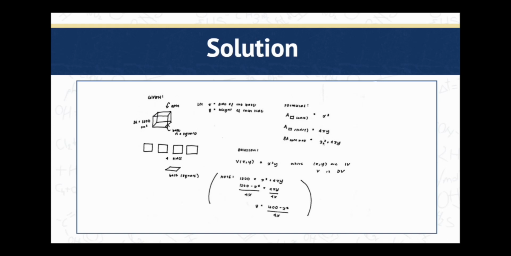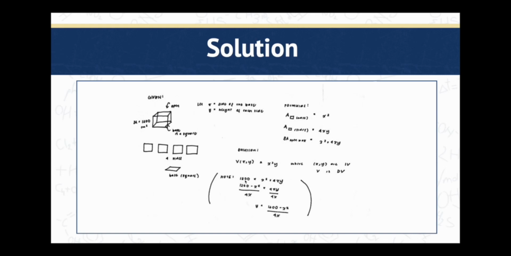Now that we have it all written down, we will solve for the volume of the box. The volume of the box is equal to x squared times y, where x and y are independent variables because they are the unknown values, and our volume is our dependent variable because it is the quantity that we are going to be optimizing.